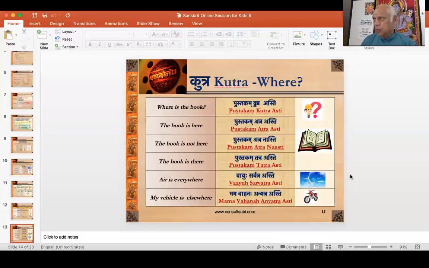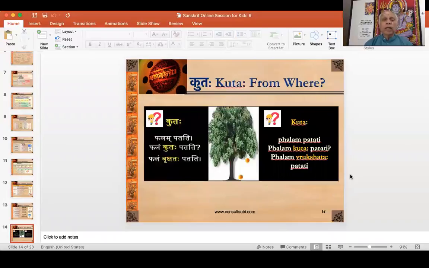Okay, let's go to the next one. Kutaha means from where. If there is a tree and you see the fruits falling, phalam patati. The fruit is falling, singular. Phalam kutaha patati. From where? Kutaha means from where.